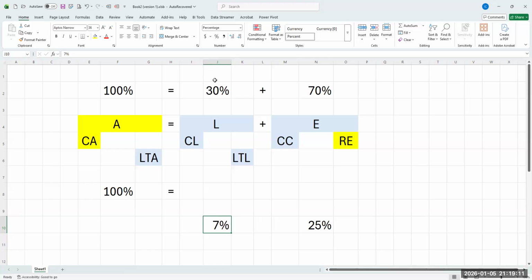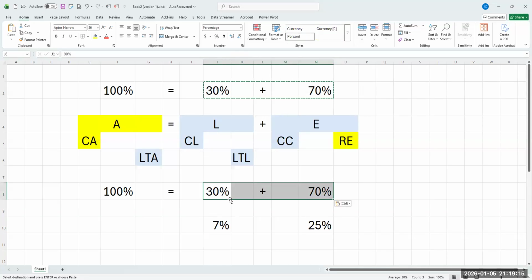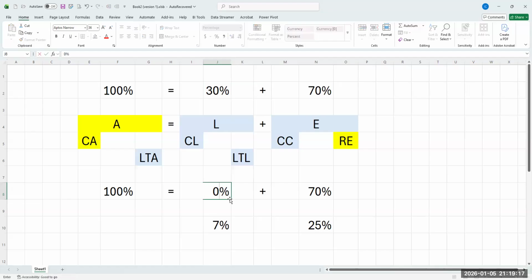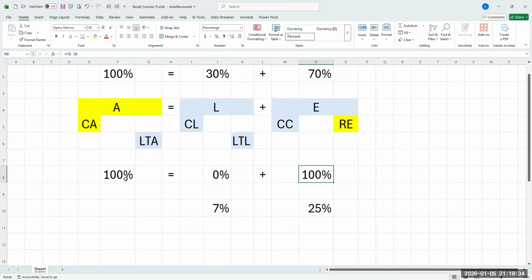Now, having this in mind, if I say that my liability is 0%, that means I have to pay a 25% return to my investors, correct? So how much does my capital cost me?